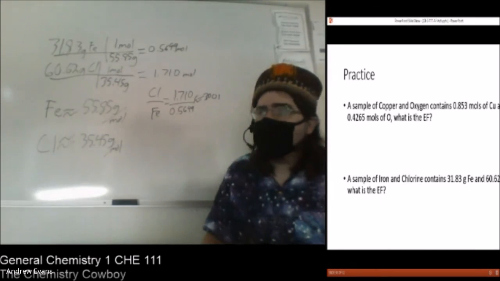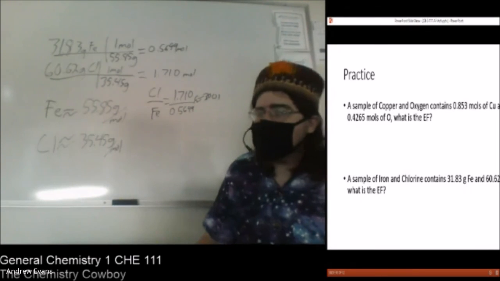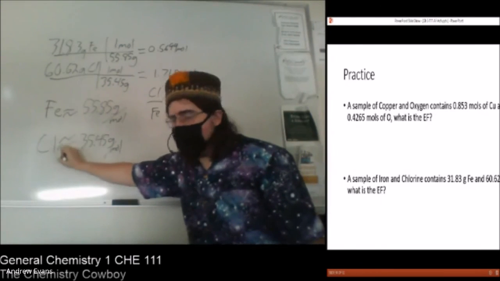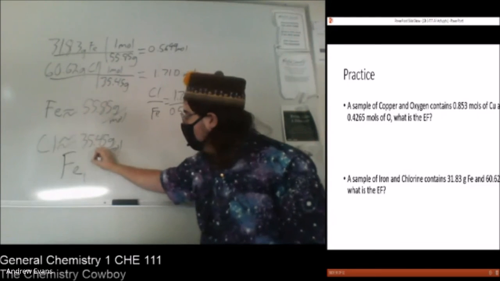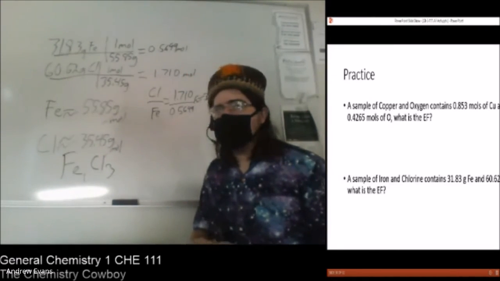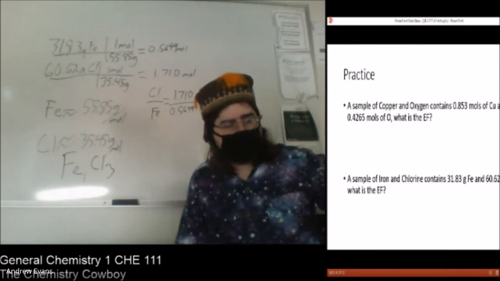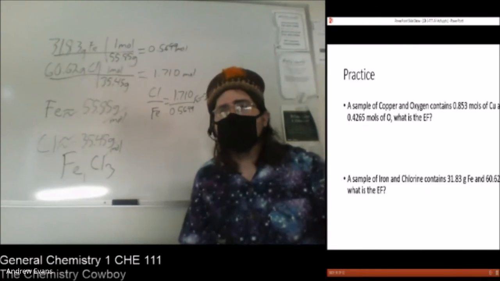So instead of a 2-to-1 ratio, which it looked like by mass, we actually have a 3-to-1 ratio. The actual empirical formula is FeCl3. We turn grams to moles and then compare the whole number ratio.